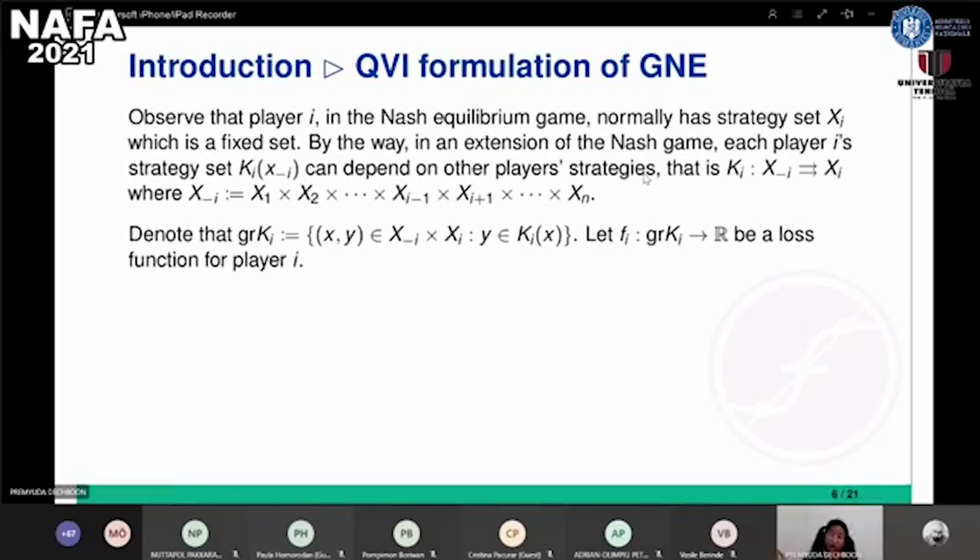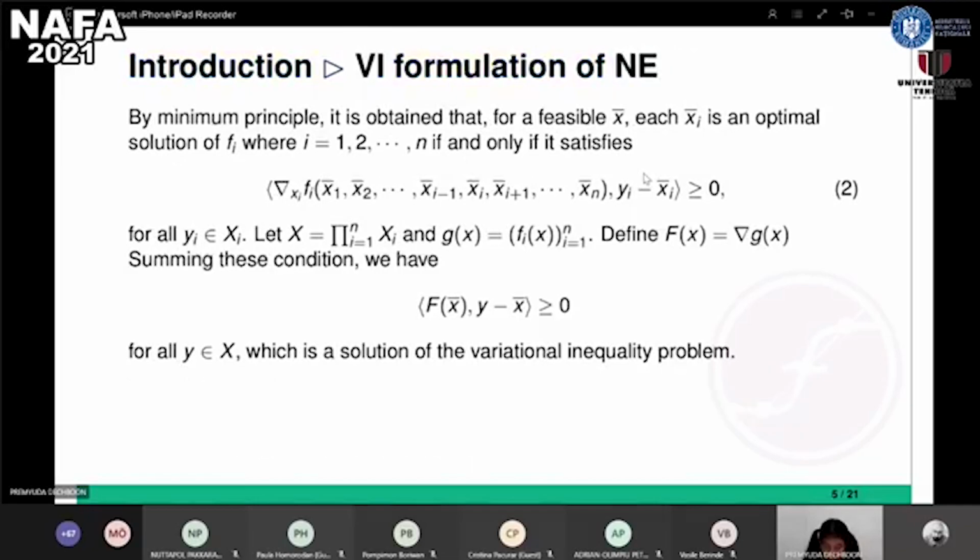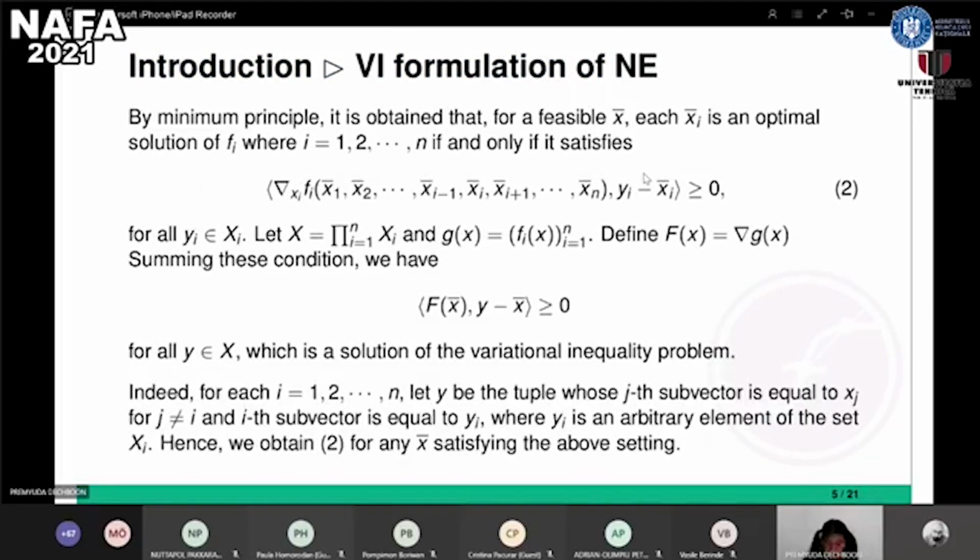Another way we can say is that if x bar is a Nash equilibrium point, then it satisfies the minimization problem. And also we can consider the vector y as the n-tuple, but at the i-th component, we change it to be y.